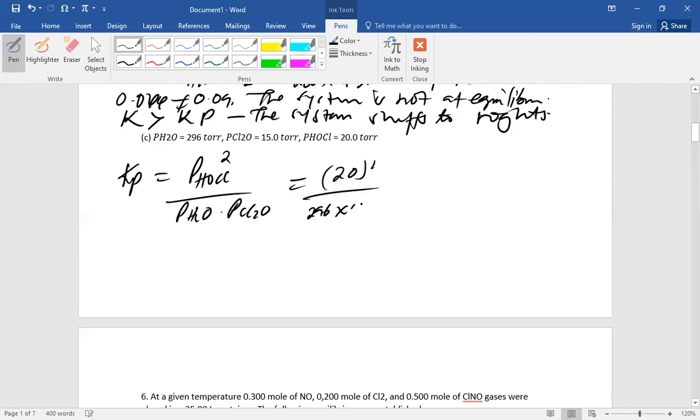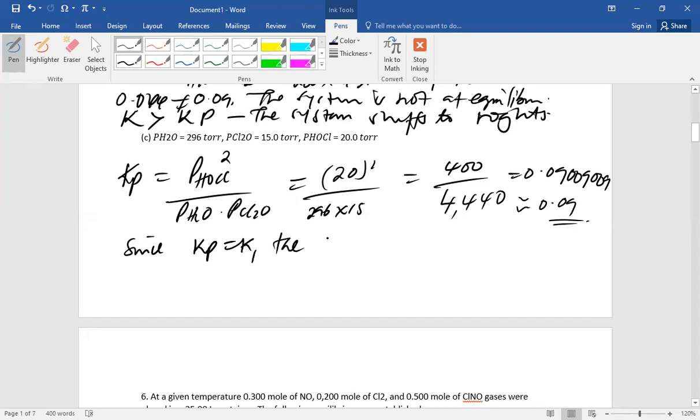This is going to be 296 squared times 8 over 296 times 15, which is just equal to 0.09. Remember that in the main system we've been given 0.09.